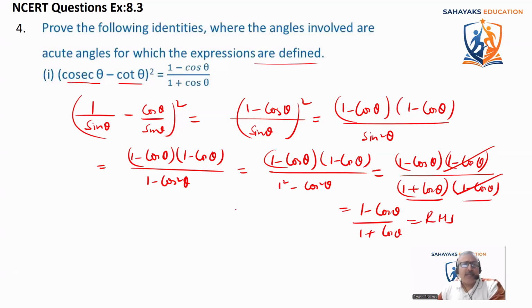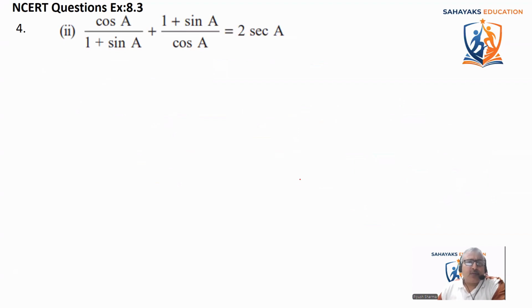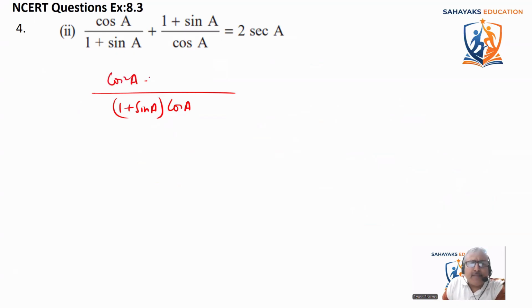Okay, so let's come to the next question. It says cos theta divided by 1 plus sine theta plus 1 plus sine theta divided by cos theta is equal to 2 sec theta. Okay, let's take the LCM of these two. It becomes (1 plus sine A) into cos A. Now, on the numerator, it becomes cos square A plus (1 plus sine A) whole square.